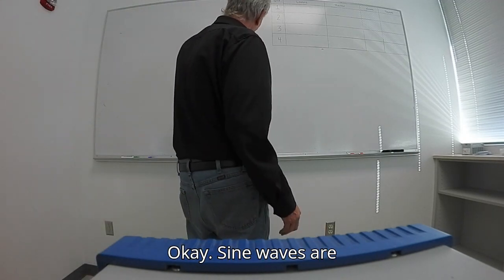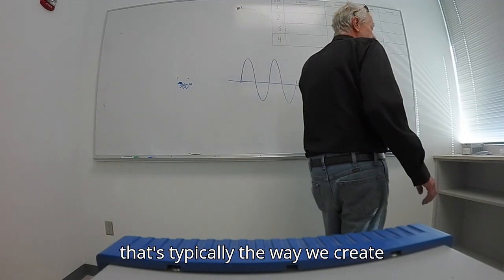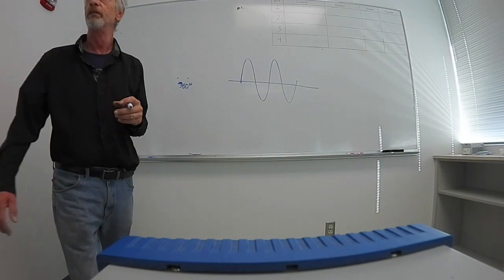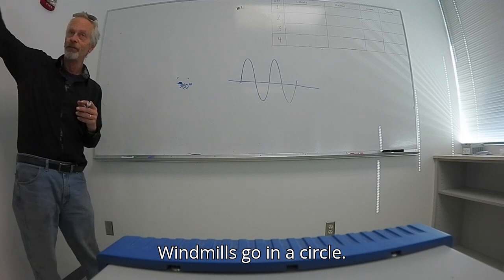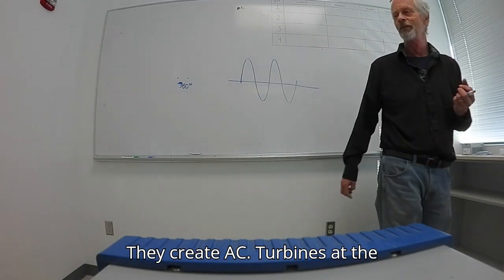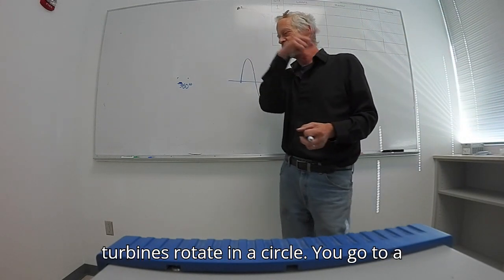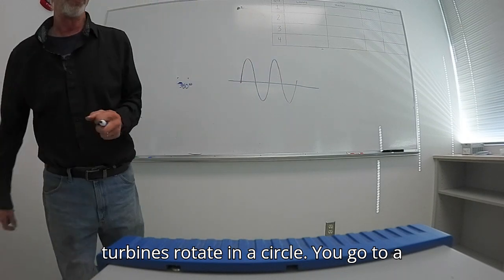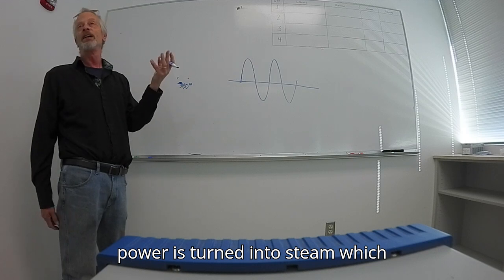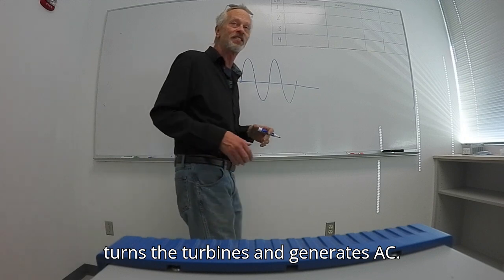Okay? Sine waves are circular because that's typically the way we create electricity. How do we create electricity? Windmills go in a circle. They create AC. Turbines at the dam. Water makes turbines rotate in a circle. You go to a nuclear power plant, the nuclear power is turned into steam, which turns the turbines and generates AC.